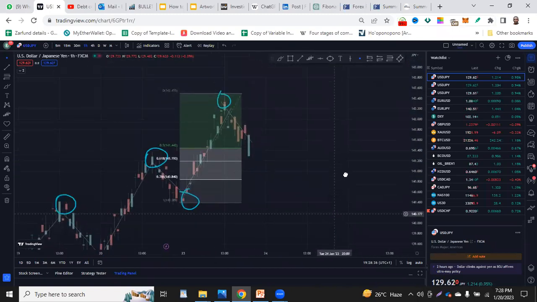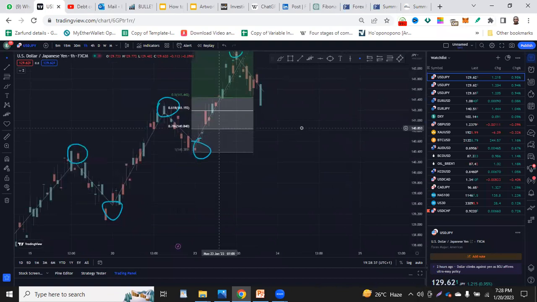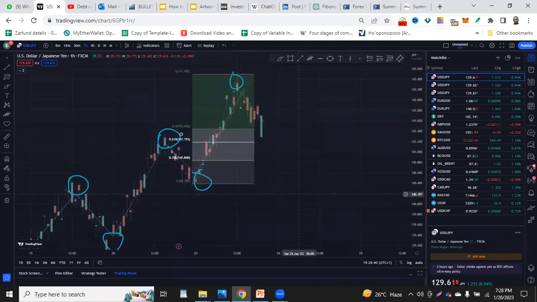Okay, so you will notice now, guys, on this particular Fibonacci, you have 0.5. Can you see 0.5 there? You have 0. We talked about 0 and 1. We talked about 23.6, 38.2, then 0.5, then 0.618.